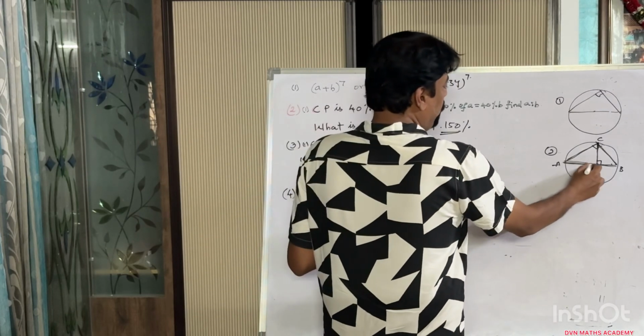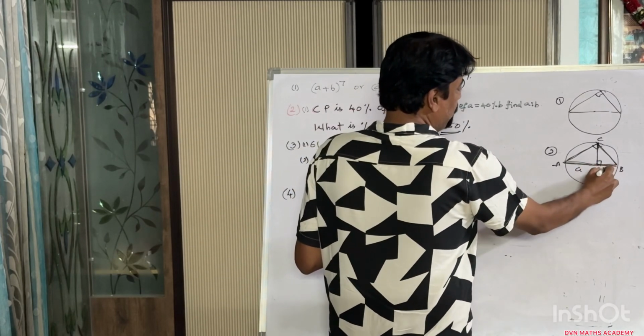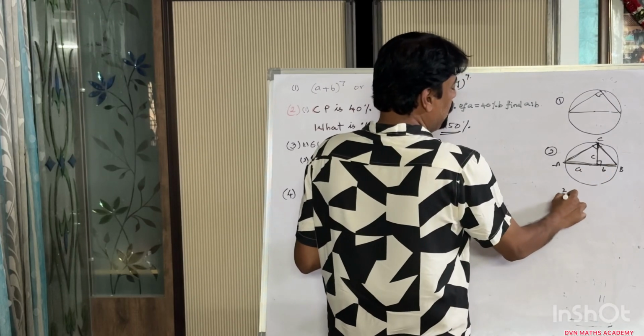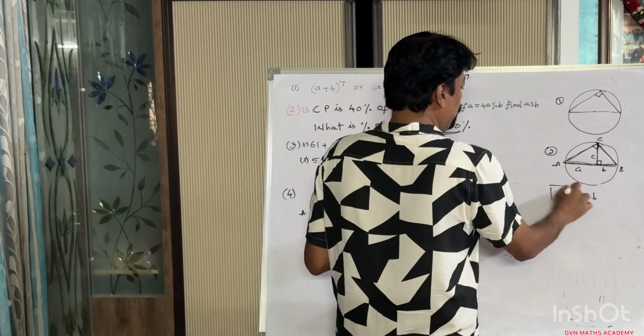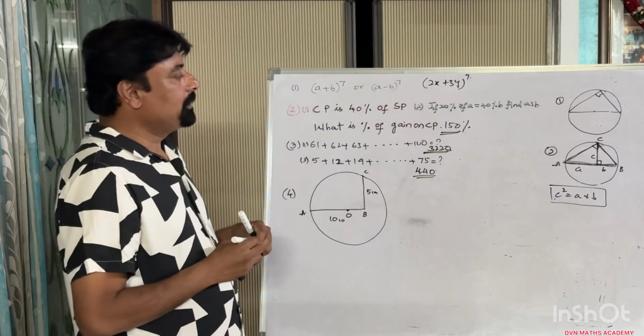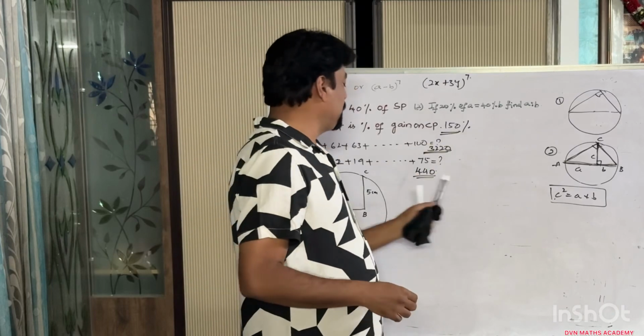For example, this part is A, this part is B and this part is C. So C square is equal to A into B. This we know very well. This is the second concept we should know. By using these two concepts, we can solve this question.